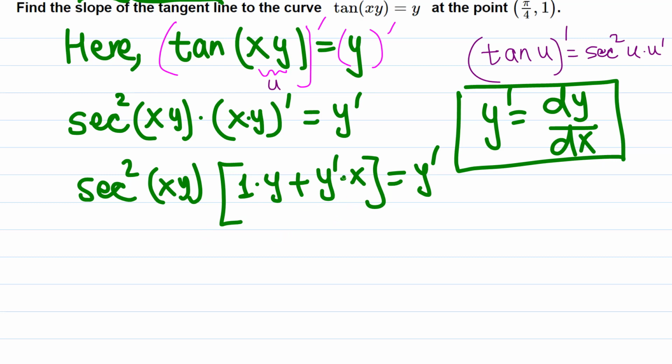Next we need to isolate y prime, but here we got a bracket, which means we need to distribute. There is no other way to isolate y prime. When we distribute, we'll have a term containing y prime and y prime on the right hand side as well. So we need to collect the terms containing y prime.